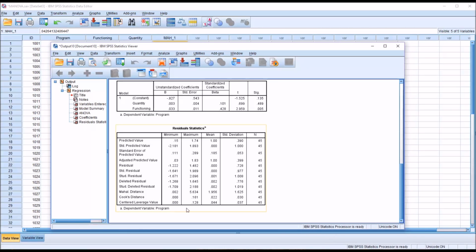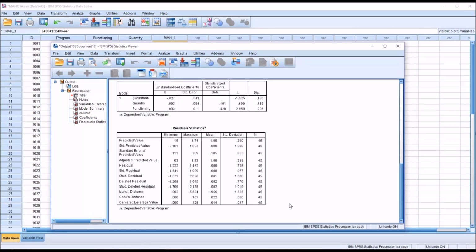5.634. So now we have this value here, 5.634, and what we need to consider is the maximum allowable critical value for Mahalanobis distance. And there are critical value tables available for this, but for a MANOVA with two dependent variables, the maximum would be 13.82.